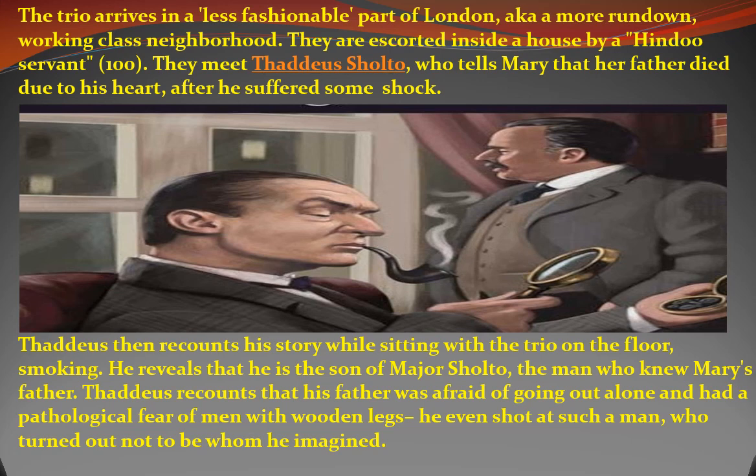He reveals that he is the son of Major Sholto, the man who knew Mary's father. Thaddeus recounts that his father was afraid of going out alone and had a pathological fear of men with wooden legs. He even shot at such a man, who turned out not to be whom he imagined.